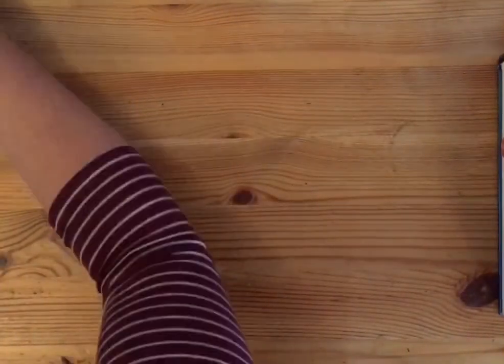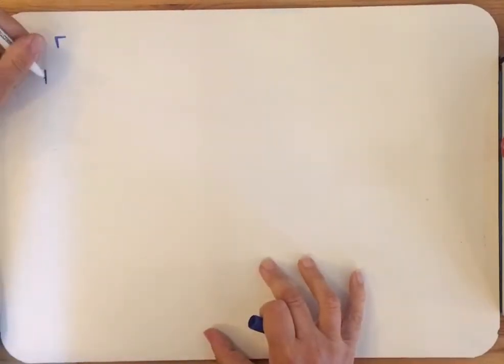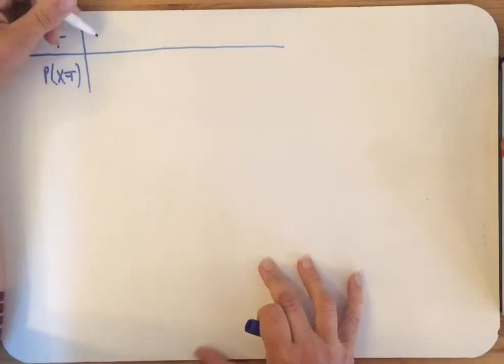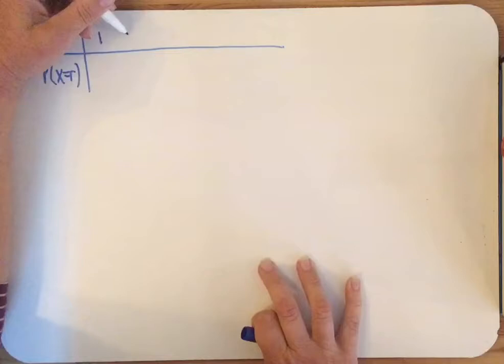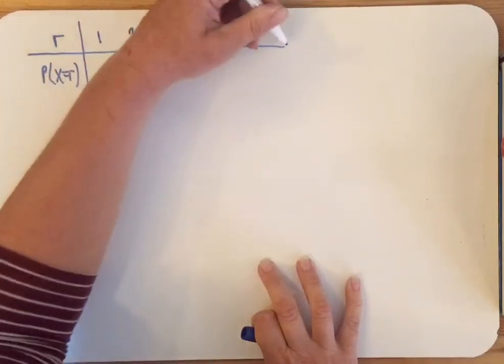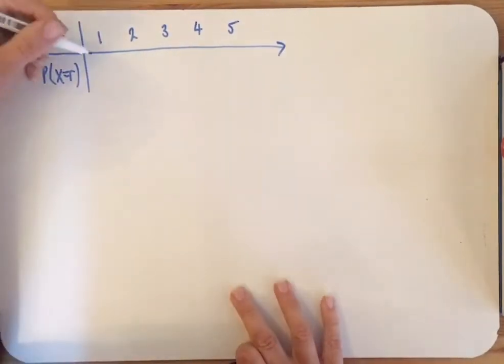General results. If you think about the work we did on discrete random variables, for a geometric distribution r takes values starting at 1, not 0, and it continues, so it's an infinite distribution.